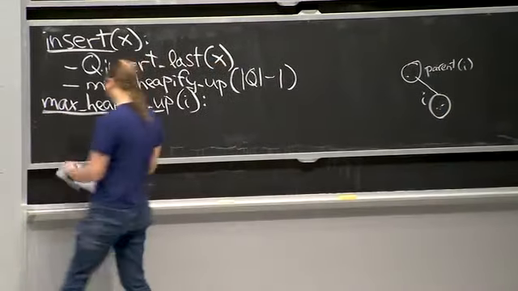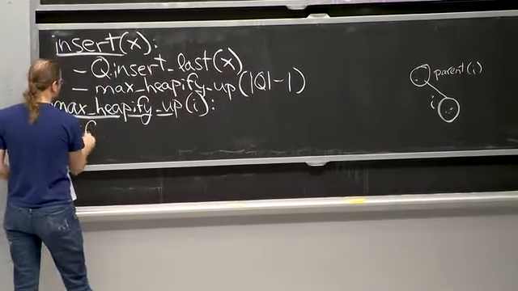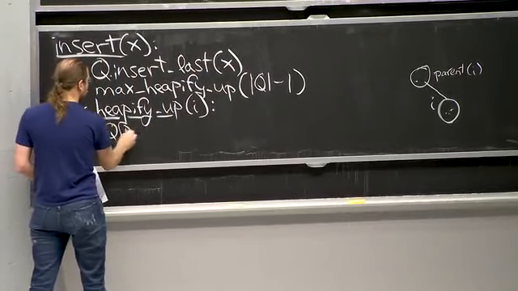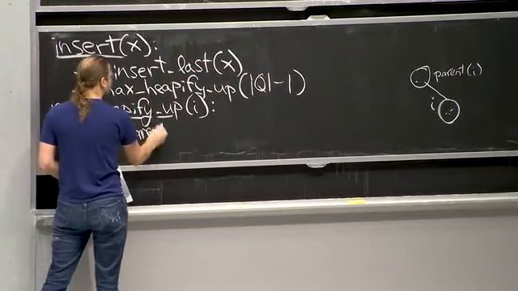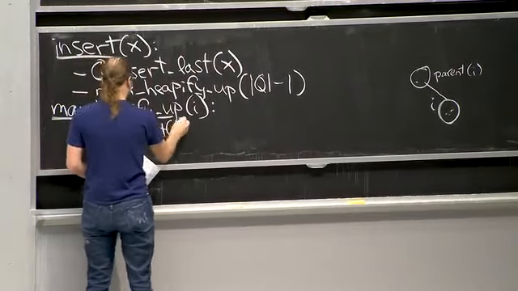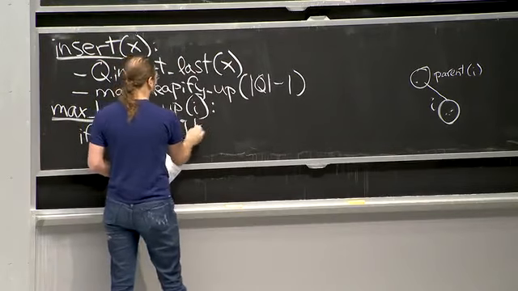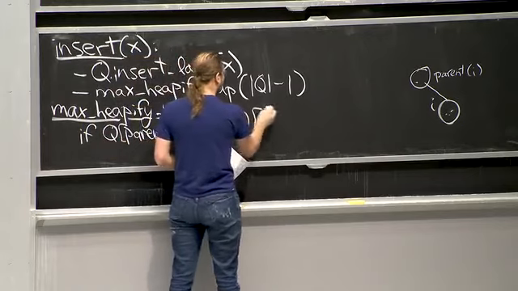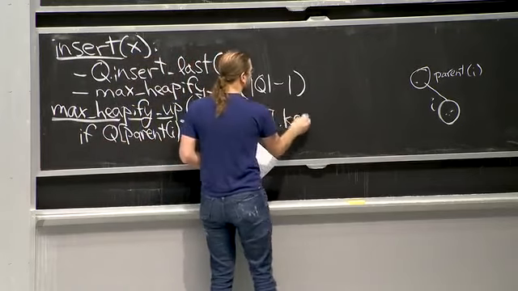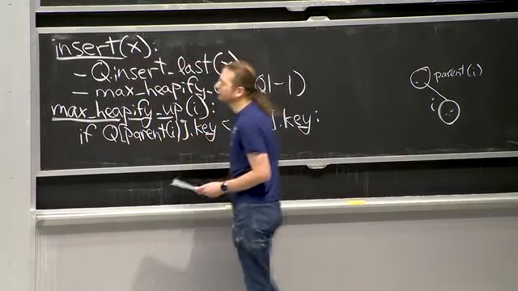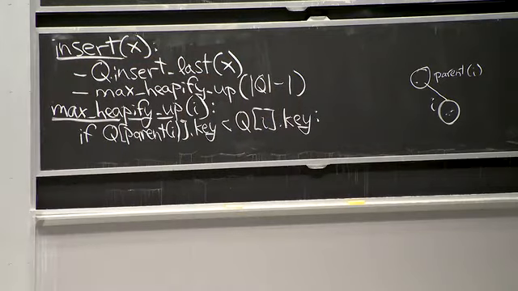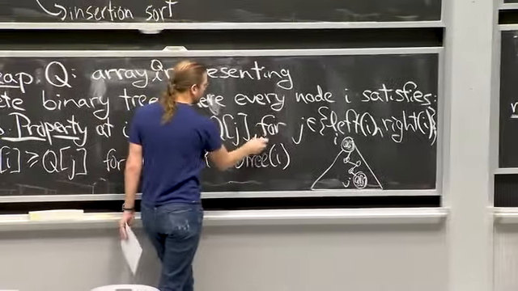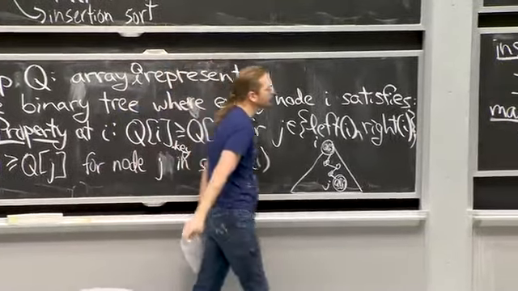So if the item in the parent, its key is less than I's key. I see I forgot to write key in all these spots. This should be .key and .key. Q of I is an item.